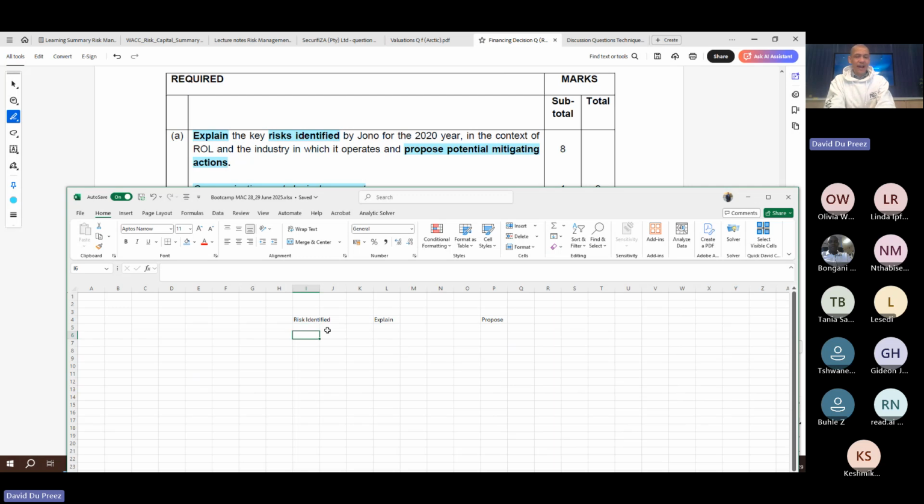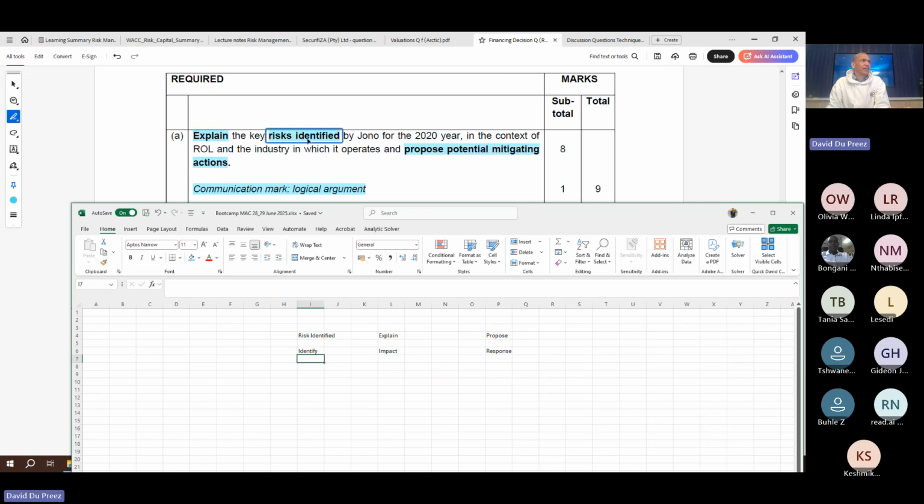So this is identifying the risk, this is the impact of the risk, and this is the response to the risk. Remember we did this yesterday?